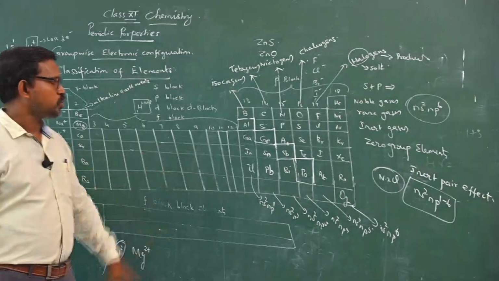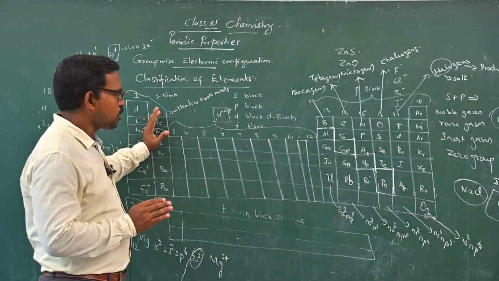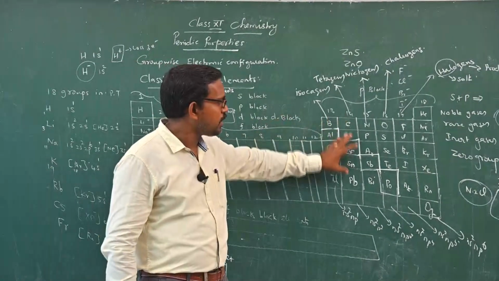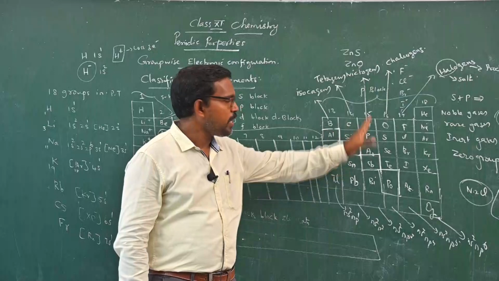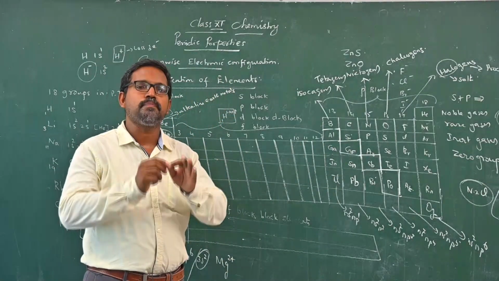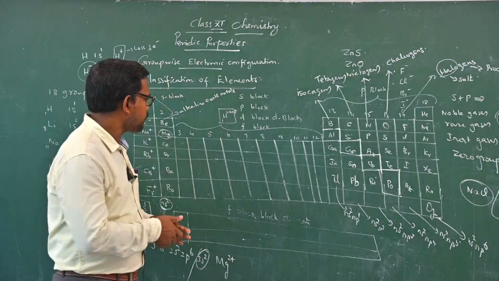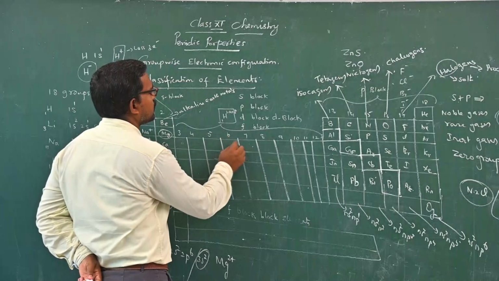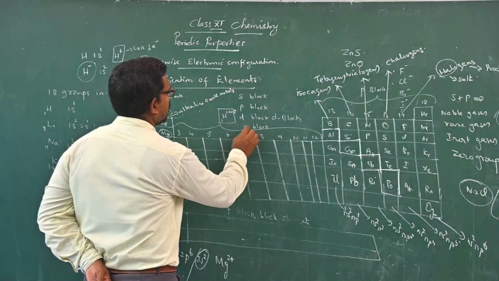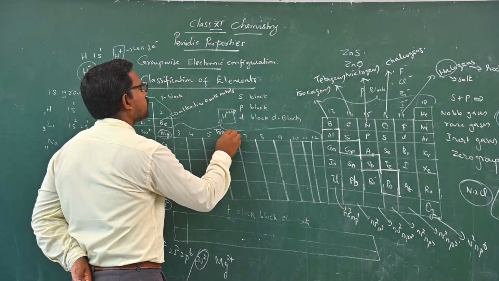Now, d block elements. In between the highly reactive metals and the less reactive p block elements, a group of elements present in the middle part of the periodic table are called d block elements. The d block elements are otherwise known as transition elements.